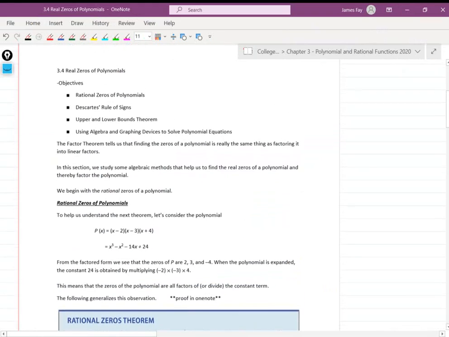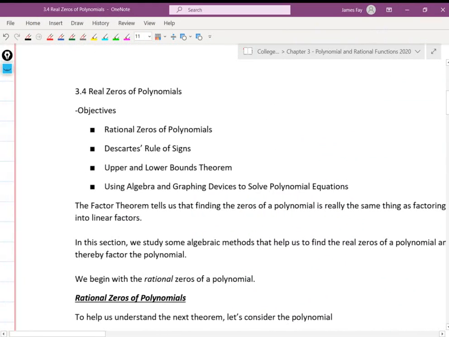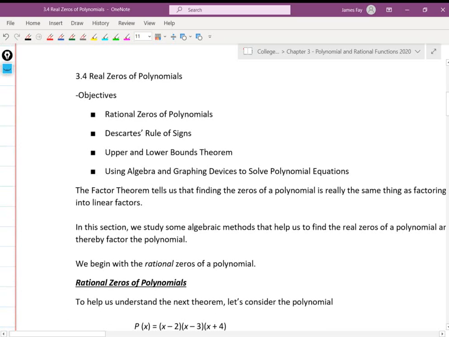Okay? So 3.4 talks about real zeros of polynomials. And we're going to have what we call the rational root theorem or the rational zeros theorem, which deals with, if we have rational zeros, the practice that we go through today is going to identify them for us.